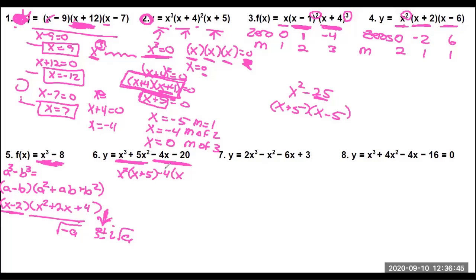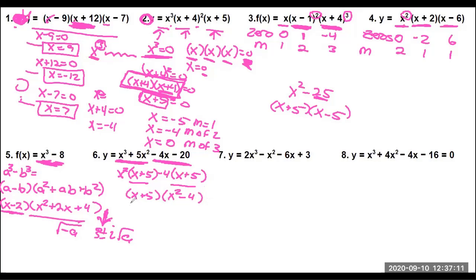And then -20 divided by -4 is positive 5. So then what happens is that I would need to go ahead and take the factor that's the same, and that'll be one of my factors. And then I'll take the other two and put them together.